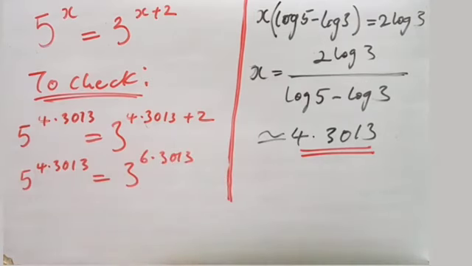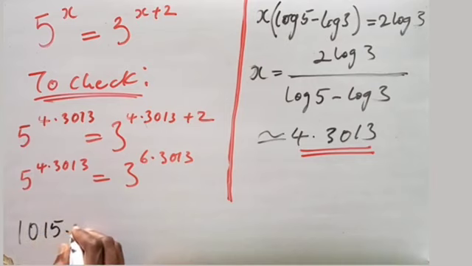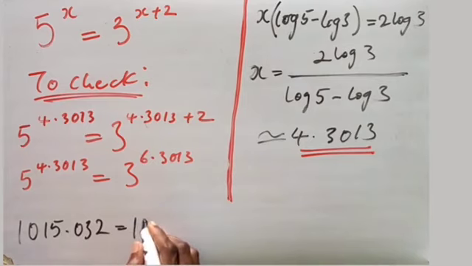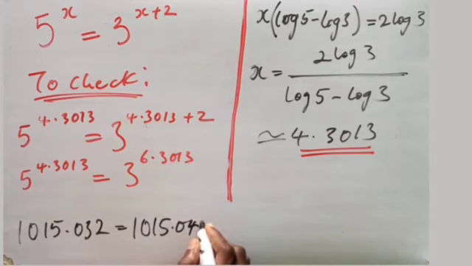When using calculator to calculate this, we will get 1015.03 approximately equals 1015.04 approximately.